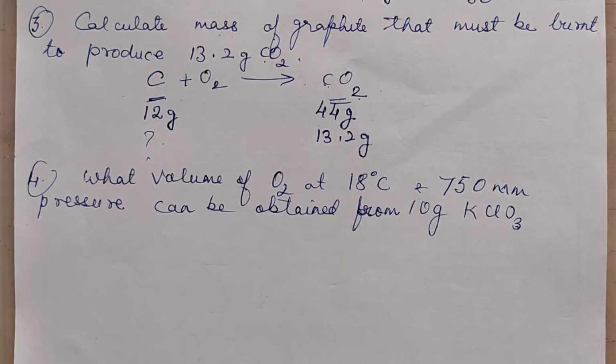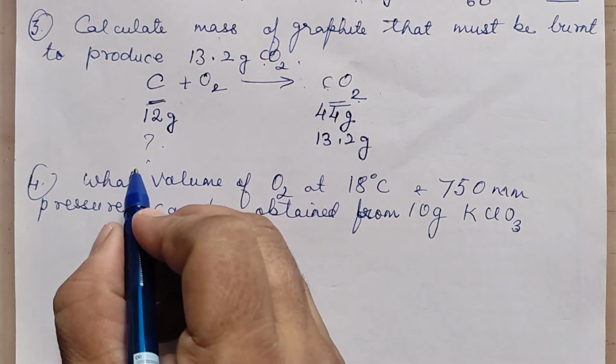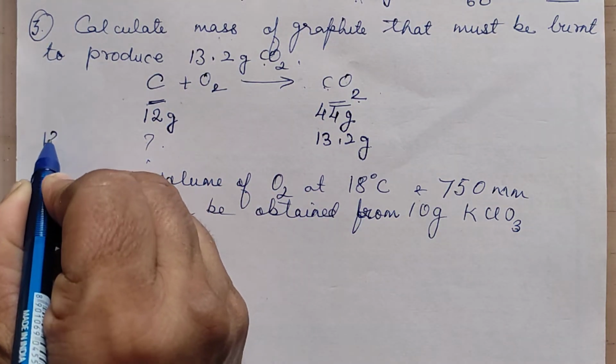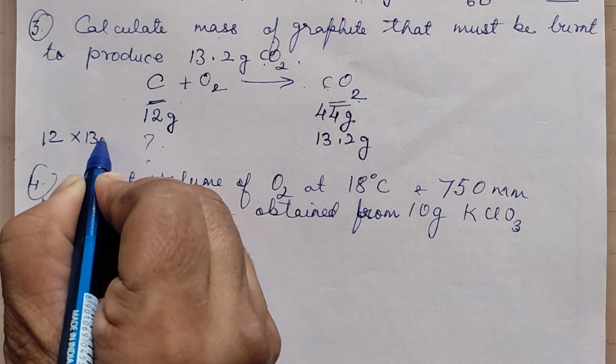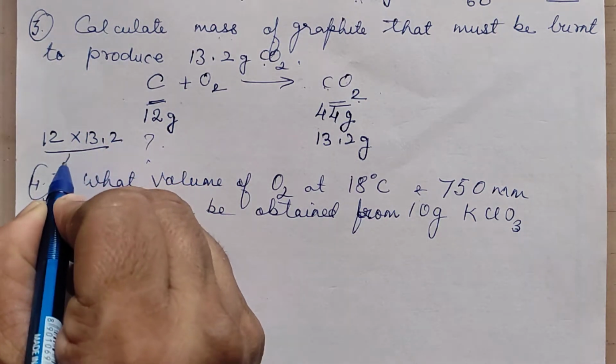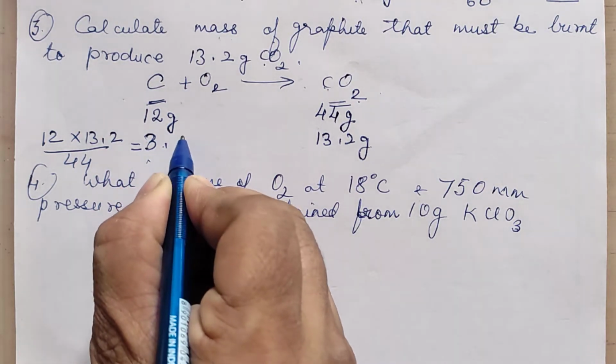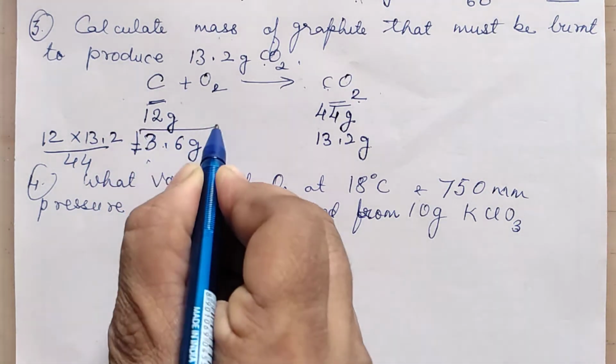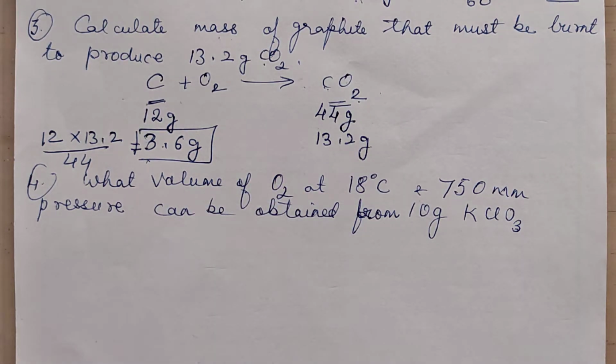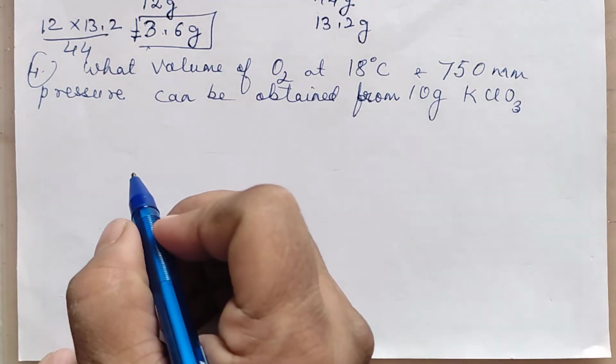This is what they have asked. So you will solve it like this. 12 multiplied by 13.2 divided by 44, and when you solve this, it comes out to be 3.6 grams. So how much of graphite is required? 3.6 grams is required. Yeah, moving on to the next question.